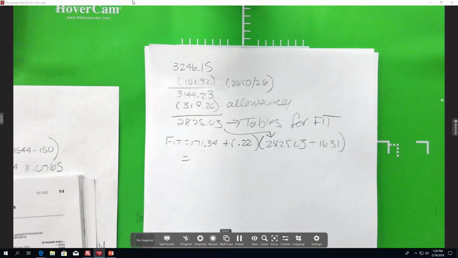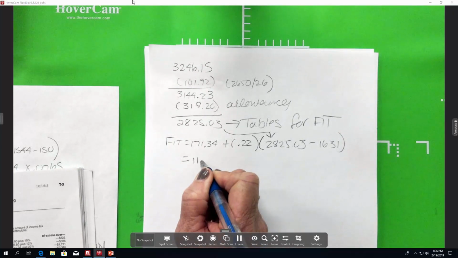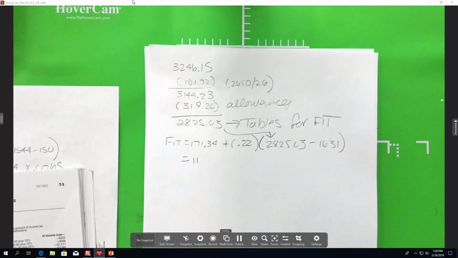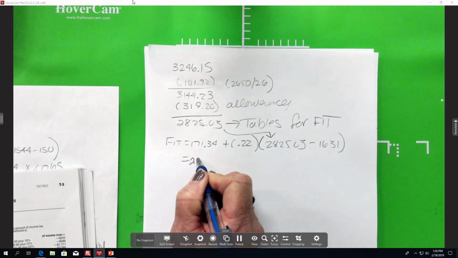Does anybody have a number for me? Warren, what you got? 1,194.03. Oh, I thought you meant the excess. No. Total number, I got 262.69.